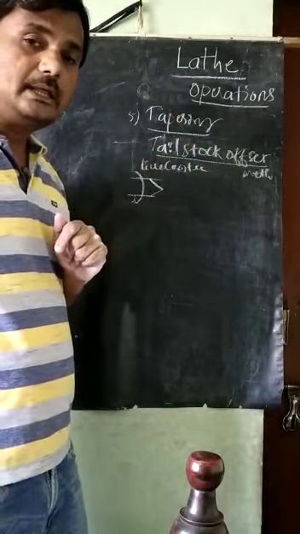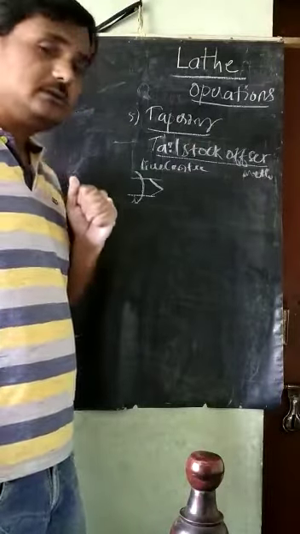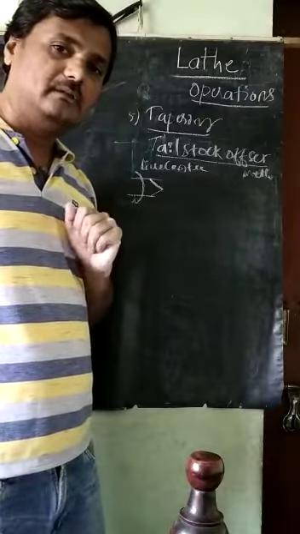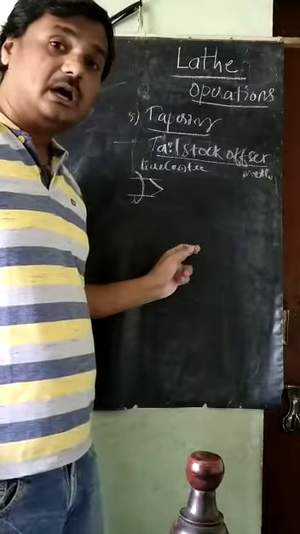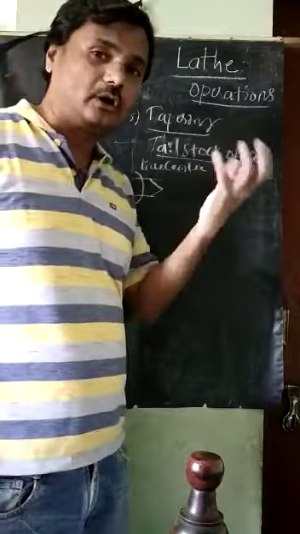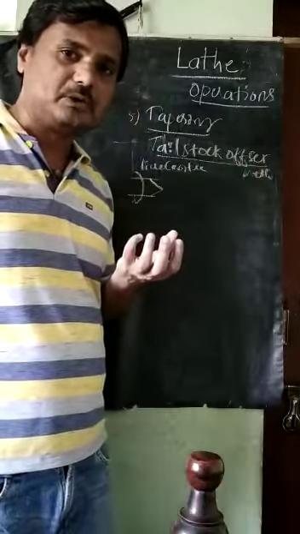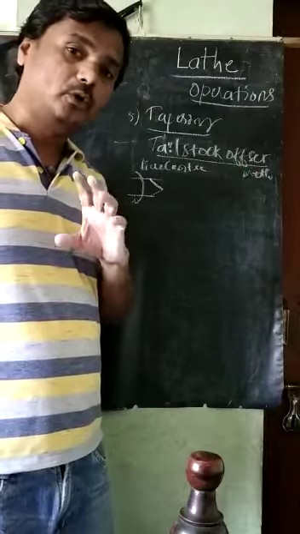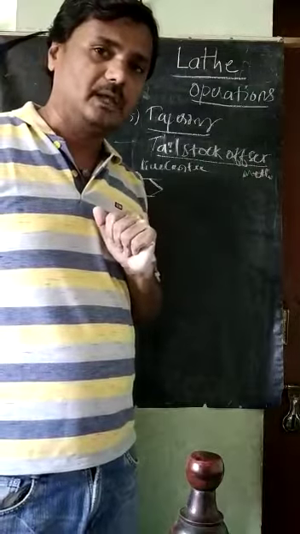The other one is the dead center, which is attached to the tail stock of the lathe machine. It is not rotating, but it gives support to our workpiece.